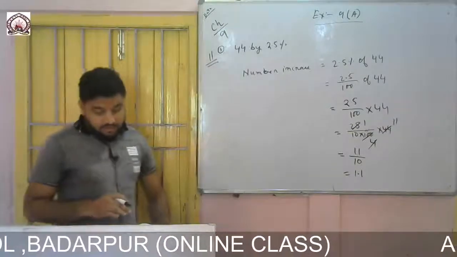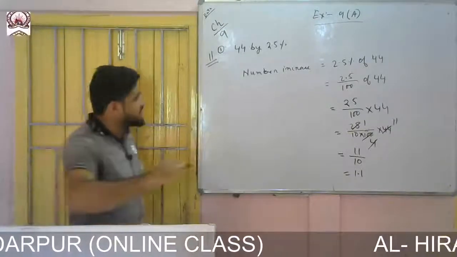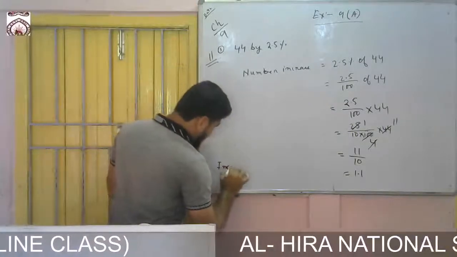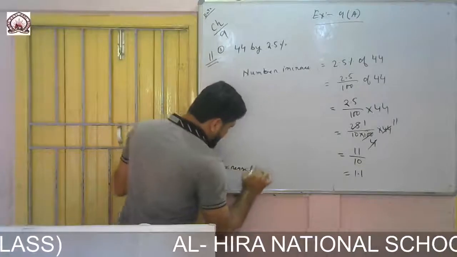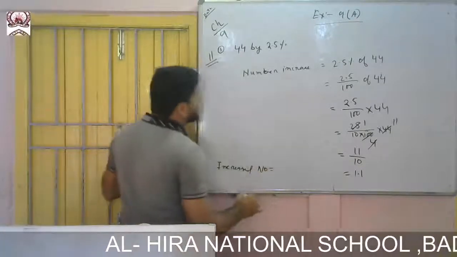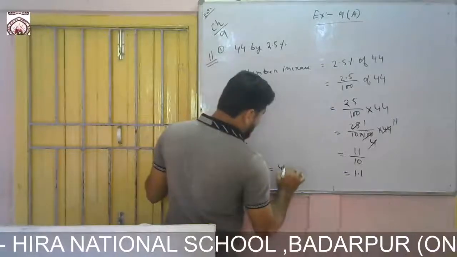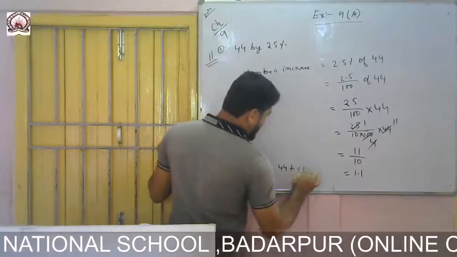Now we need to write the increased number. Therefore the increased number equals original, 44, plus 1.1.